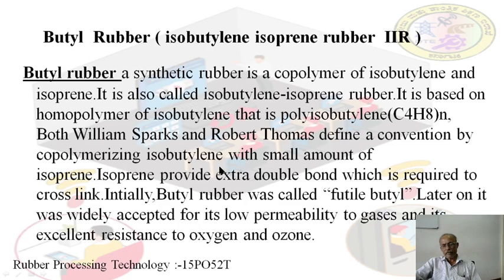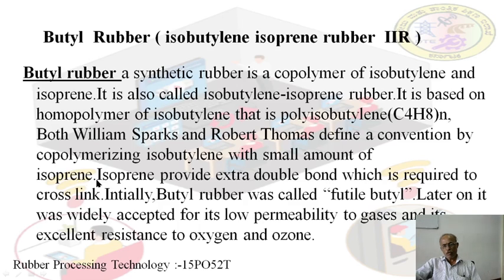Isoprene provides the extra double bond which is required to cross-link. So if isoprene is not there, this is a fully saturated rubber, and with a fully saturated rubber we cannot vulcanize. So we need a small amount of isoprene for cross-linking.